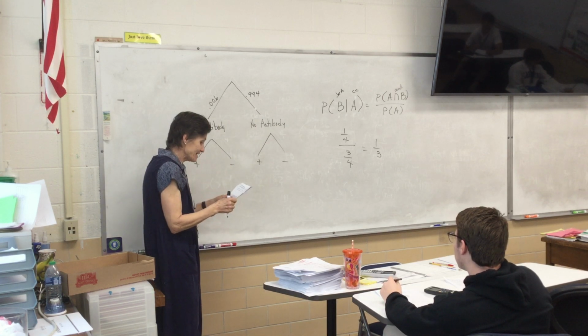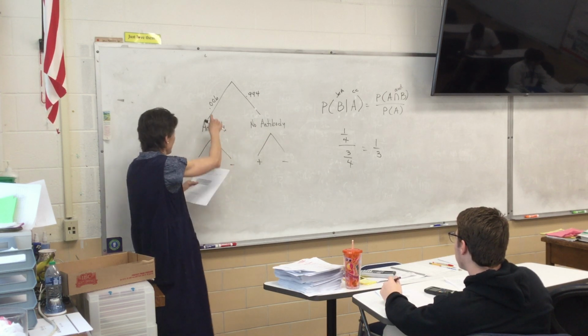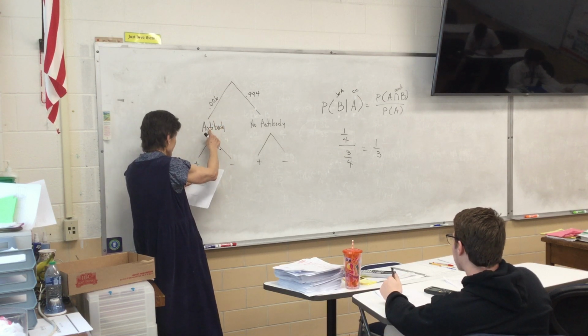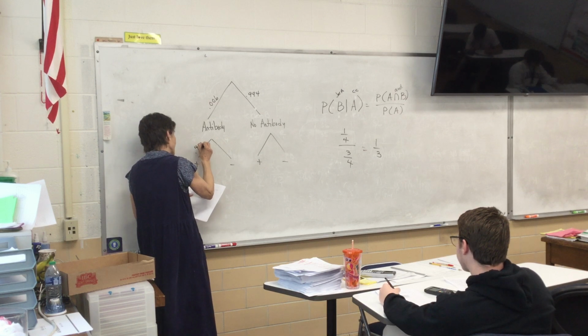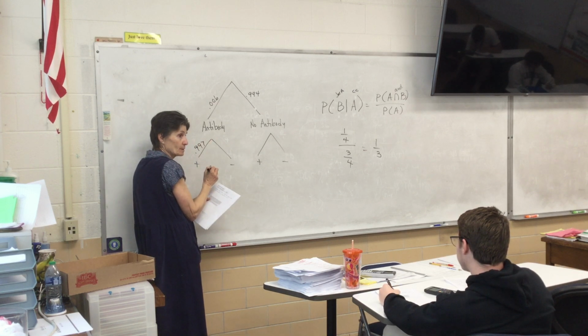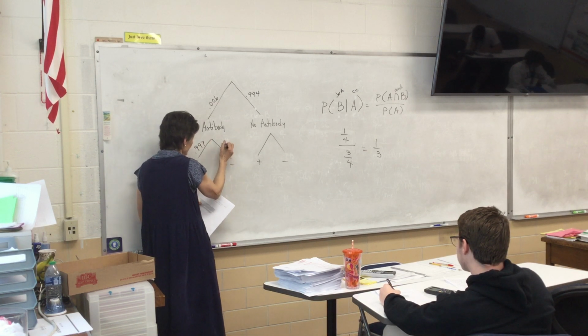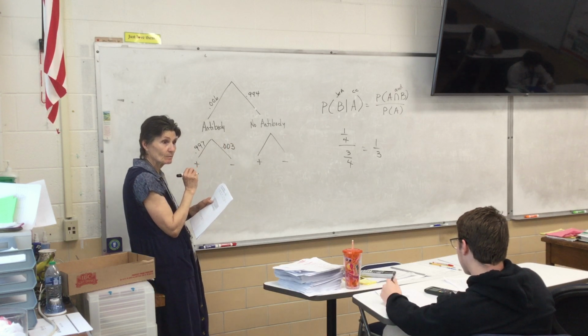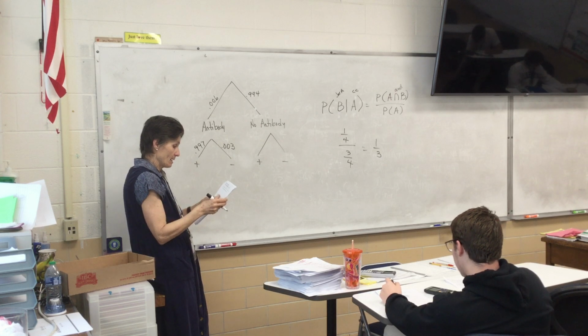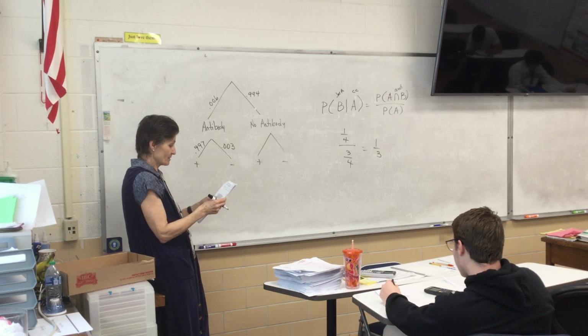Now, if I have the antibody, the test reports positive 0.997. Which means negative would be 0.003. Keep an eye on my subtraction. Would you agree? Oh, it says that. It actually gives it to me.